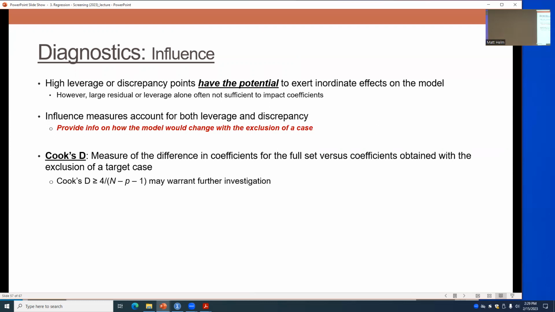And again, you could spend an entire class just on regression diagnostics. There's an intense methodological literature and different variations on different metrics and things along these lines. Someone had mentioned, a couple classes back, Mahalanobis distance. Okay, yeah, it's a variation. It's a transform of leverage, right?